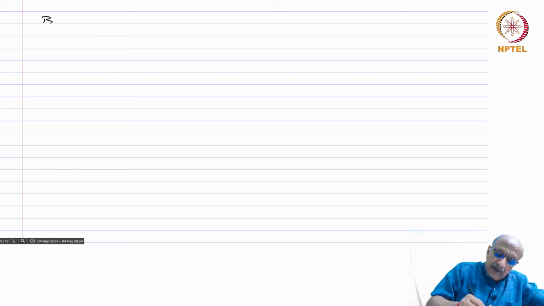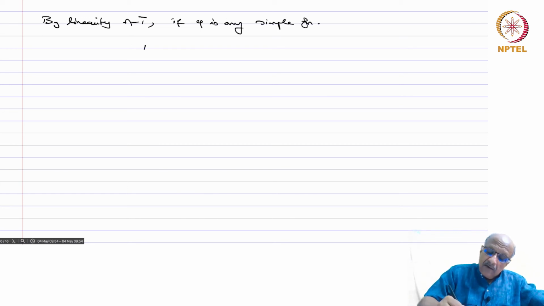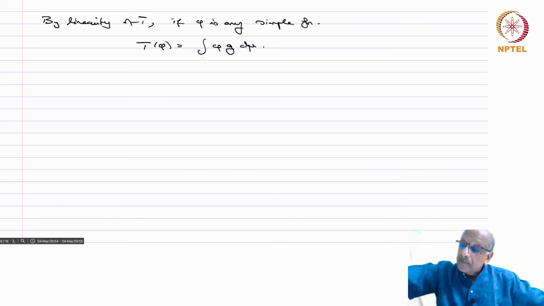So, by linearity of T, if phi is any simple function, we have T of phi equals the integral of phi g d mu. Why?